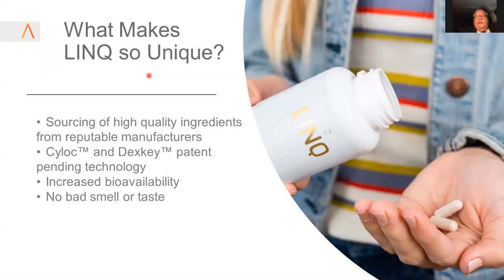Let's go to DexKey as well, which is the process used in dietary supplements where individual molecules or fatty acid enzyme or botanical extract are physically combined with a host molecule to enhance the therapeutic properties of the fatty acid enzyme or botanical extract.